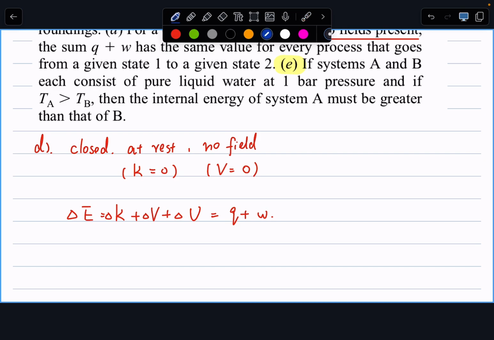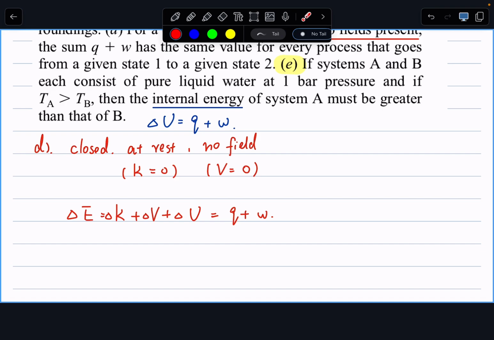It is more straightforward if we just look at what it is asking. It's asking about the internal energy. So let's hypothetically think about a process of mixing these two systems together. Then think about whether that delta U must be positive or negative. So we have delta U equals Q plus W. And in this process, we know what Q is, right?